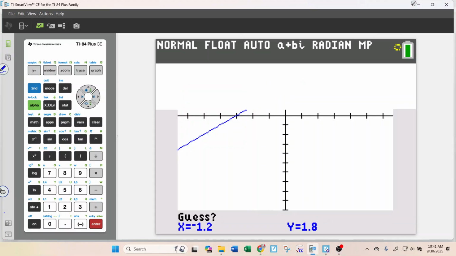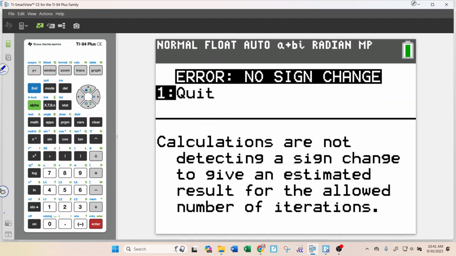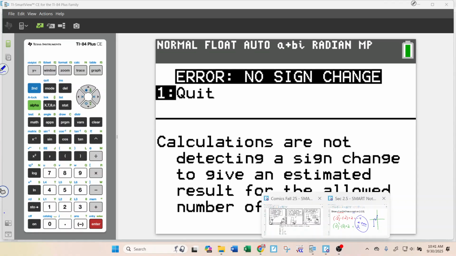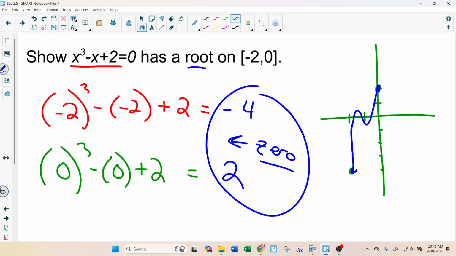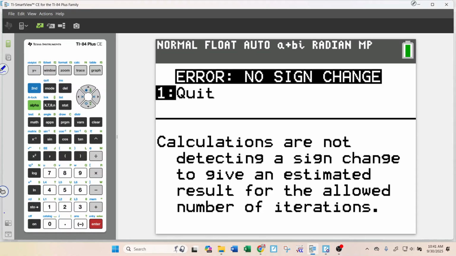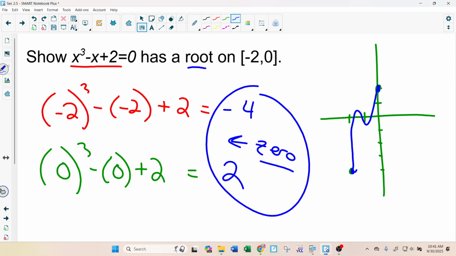The calculator tells you no sign change, because the calculator knows if you're looking for a 0, the 2 points that you pick have to have a sign change. One has to be positive, one has to be negative. In order to find a 0 between, you need a sign change. So the calculator is saying, hey, the 2 signs you picked, there's no sign change. I can't find a 0 when there's no sign change. The calculator is giving you that error, which is related to the intermediate value theorem.